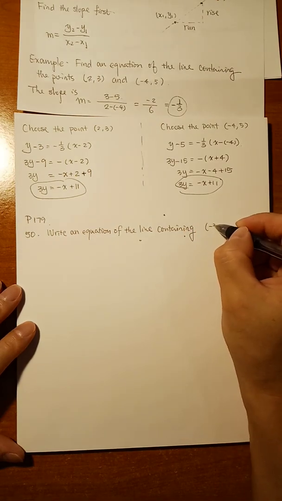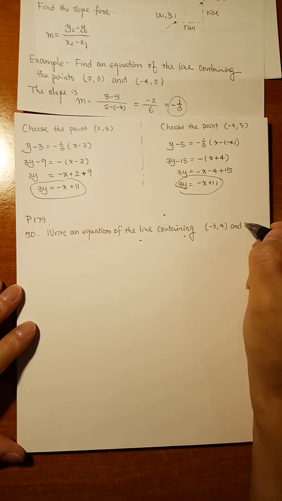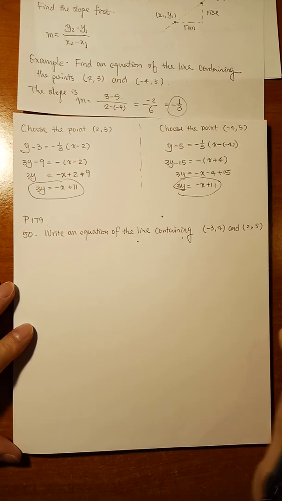One is -3, 4, and the other one is 2, 5. Okay, -3, 4, and 2, 5. So how do we do that?